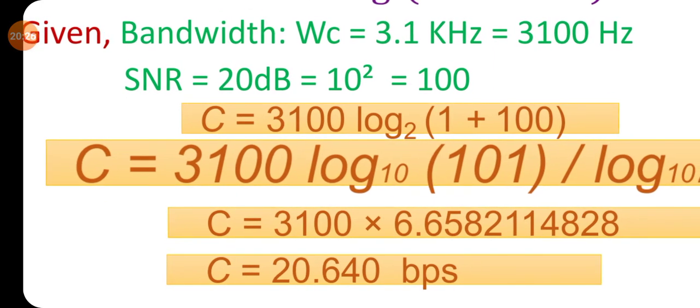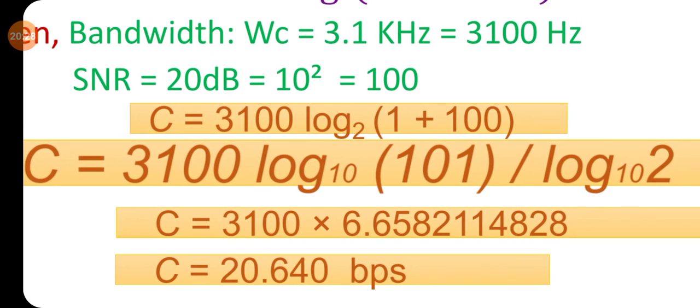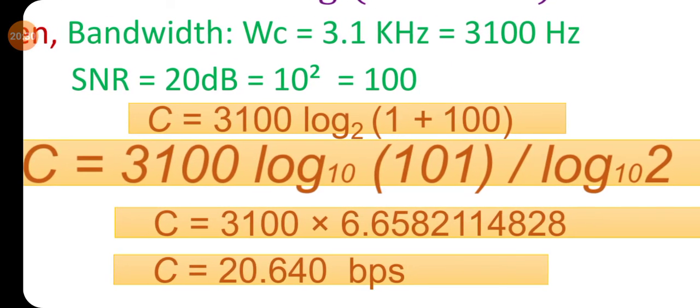So here concentrate on this step. C equal to 3100, the bandwidth, into log to the base 10 of 101 divided by log 2 to the base 10. So this is how we have converted base 2 to base 10, by dividing that log value with log 2.